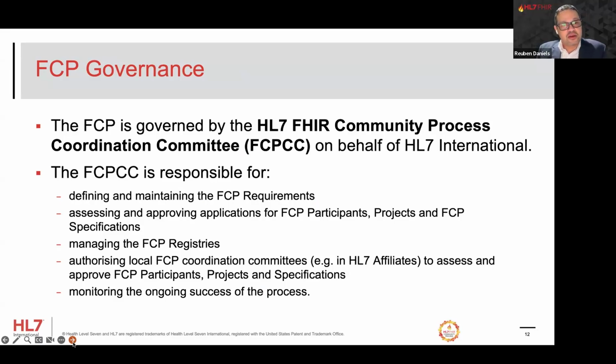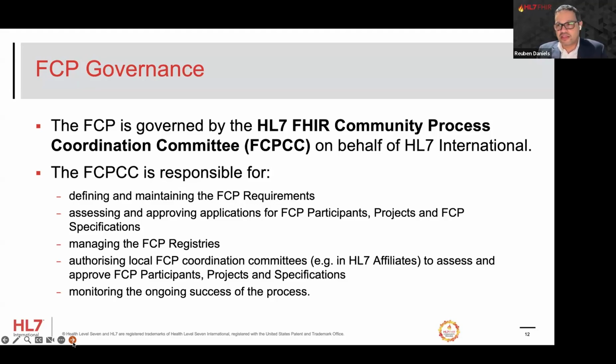This is a very interesting one, the second last bullet point. It's the FCPCC, just noting that there will be eventually very many FCP participants out there. We have also put in place rules that allow the FCPCC to delegate some of its responsibilities to what we call local FCP coordination committees.